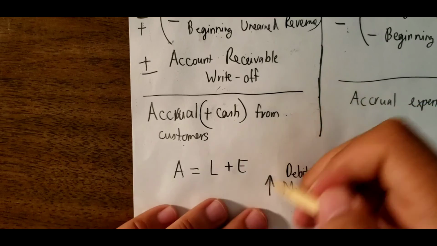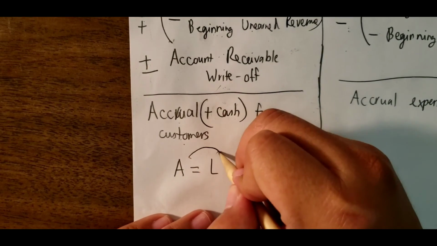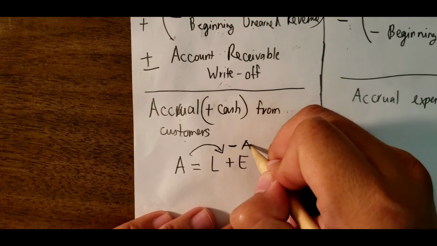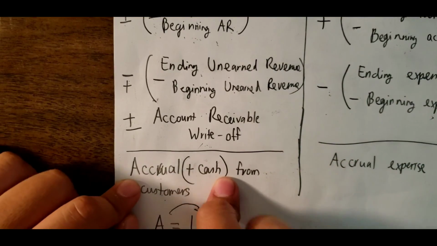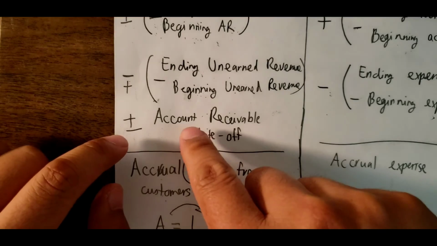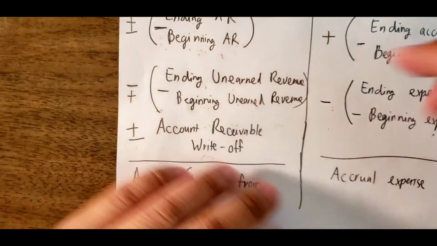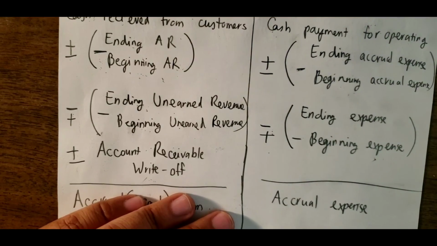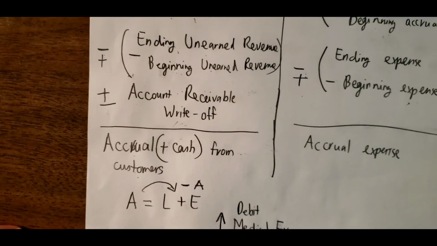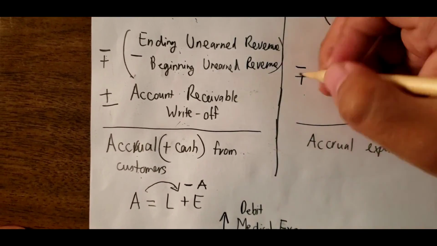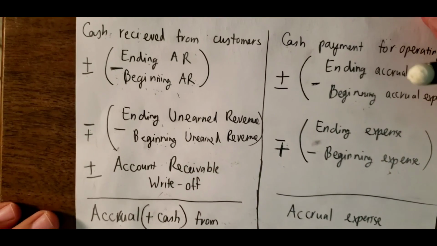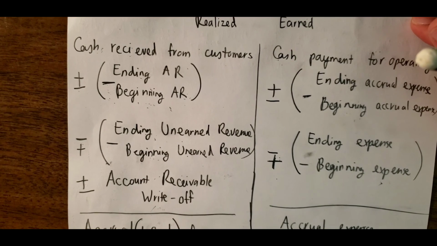For example, if we have the accrual on this side and we move it to this side, it will return to a minus sign like this. So if you see the accrual, you just change the sign like this. Similar for here, you just change the sign, because that's a good way to be more understandable and very simple to remember. So that's the end of my video.